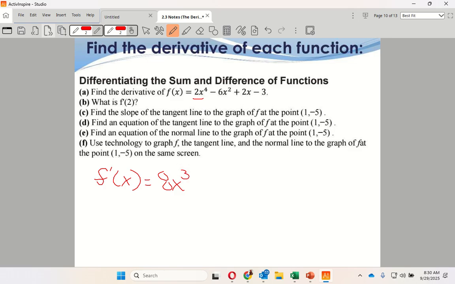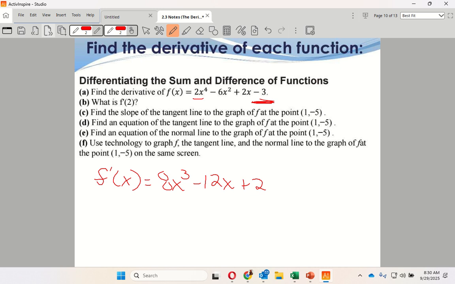All right, and the next one would become negative 12x plus 2. Now this one right here, what is that? It's a constant. It doesn't vary. There's no variable.